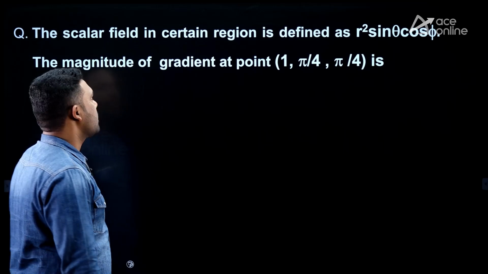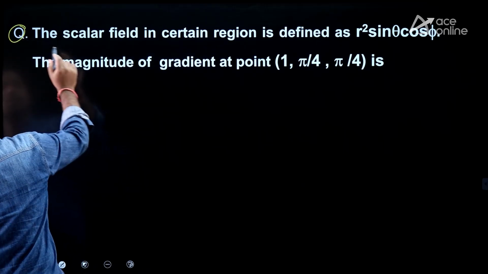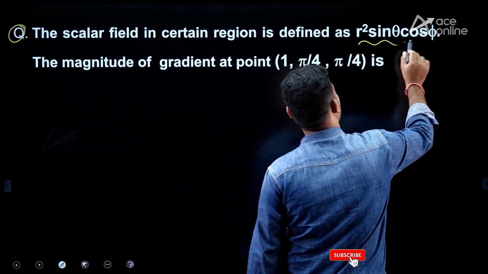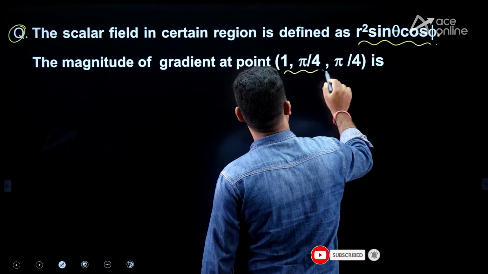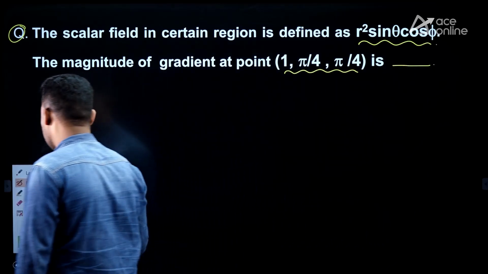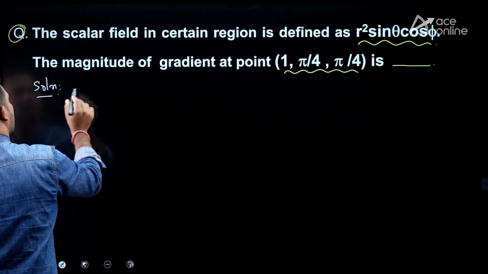Yes, guys. See here, let us take some samples. The scalar field in a certain region is defined as r square sin theta cos phi. The magnitude of the gradient at the point 1 comma pi by 4 comma pi by 4 is? This is a numerical answer type question. So what is the scalar field?